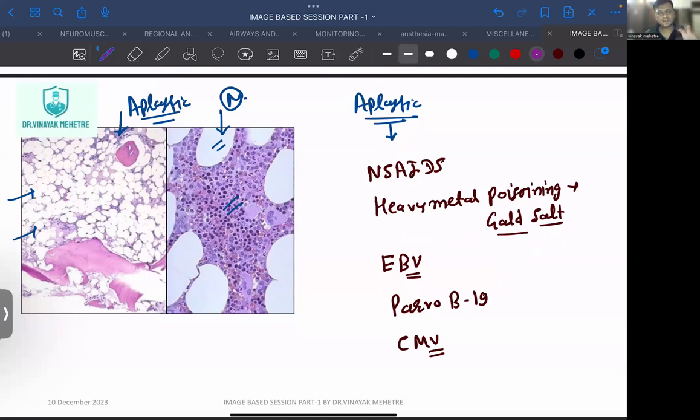All of these can have aplastic anemia. And this is the mnemonic. Okay, aplastic anemia can happen to anyone.